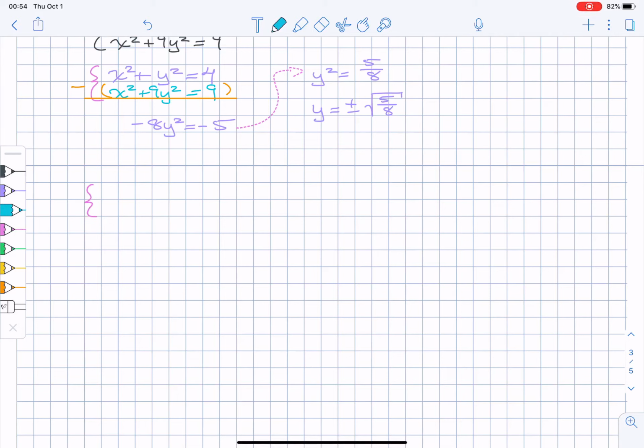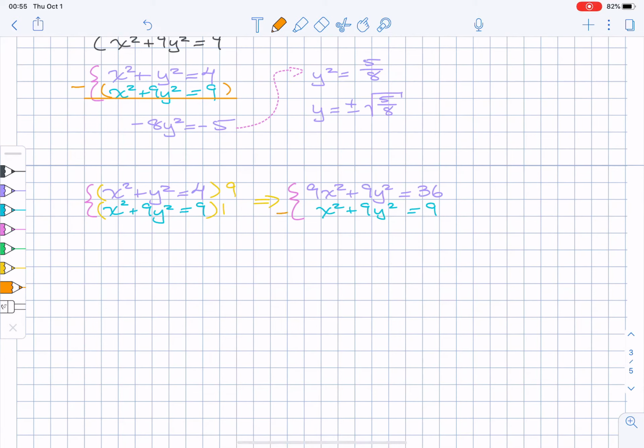So let's rewrite. First equation, x squared plus y squared is equal to 4. Second equation, x squared plus 9y squared is equal to 9. So if I wanted to eliminate y squared, I would multiply the first equation through by 9, the second equation through by 1, yielding 9x squared plus 9y squared is equal to 36, and x squared plus 9y squared is equal to 9.